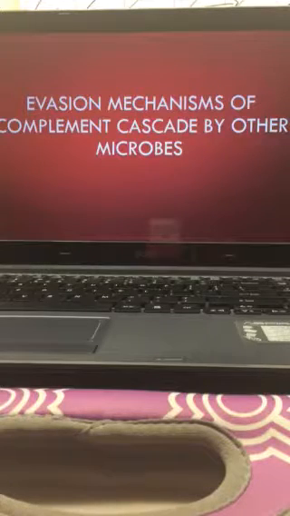Gram negative organisms have a shield of magnesium ions in the outer membrane to help repel some of the individual complement proteins.